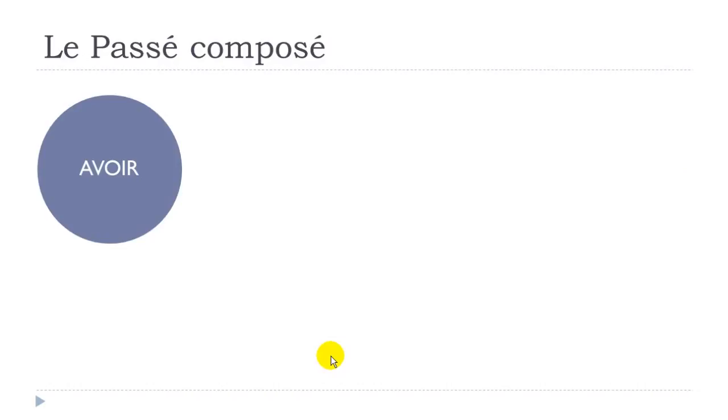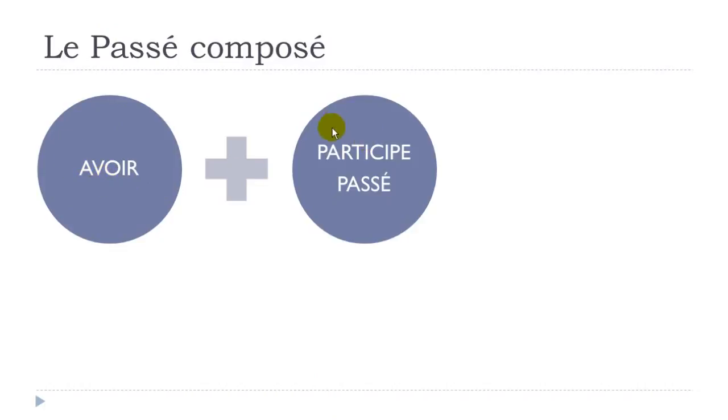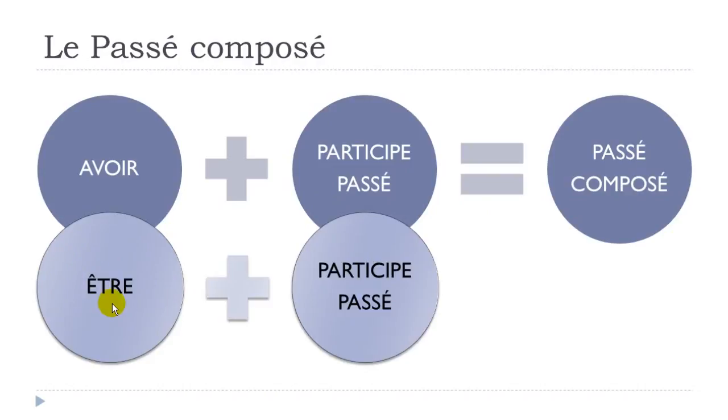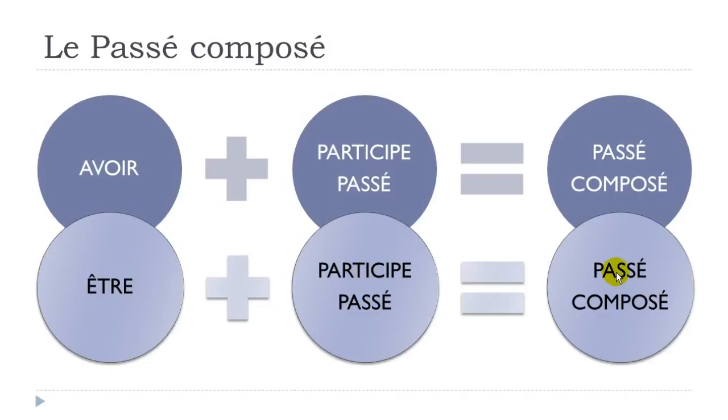But then, to make it simple, just to resume the whole thing first: normally if you want to construct this passé composé form, then the first part that you will have to put is avoir at the present tense, and then the second part will be this participe passé form, that we will see, and then you will get this passé composé. For the exceptions, as I said, we will have to use être at the present form, then the participe passé form, so you will get this passé composé. Okay?